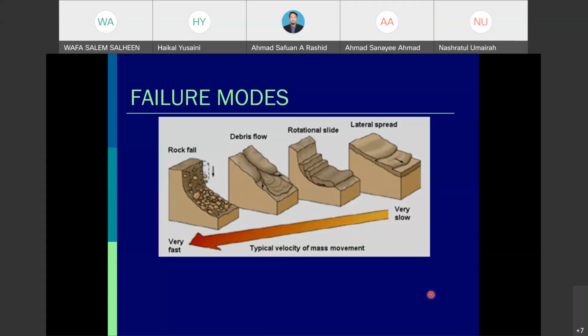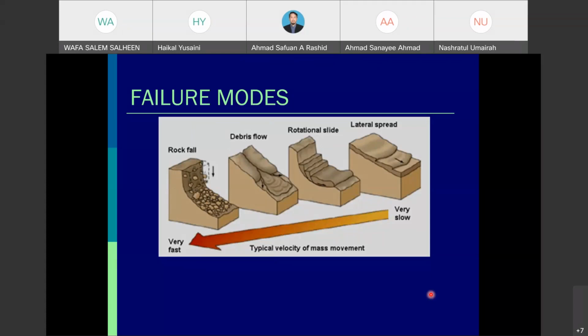For example, in 2003, if you still remember, an incident happened at NKVE, North Klang Valley Expressway, where a huge rock structure fell on the NKVE lane.